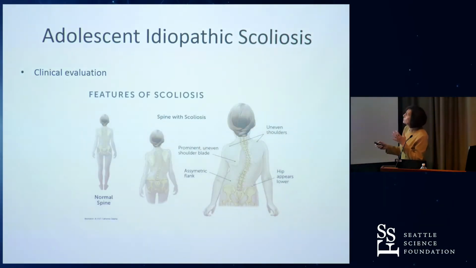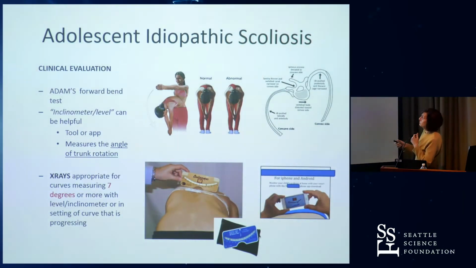Can I see if there is any asymmetry in the shoulder? I test to see if they have any pain anywhere. I'm testing, can they bend forward, back, side to side? What is their mobility in addition? And then I have them bend forward, where we attempt to measure the trunk rotation or the trunk asymmetry.